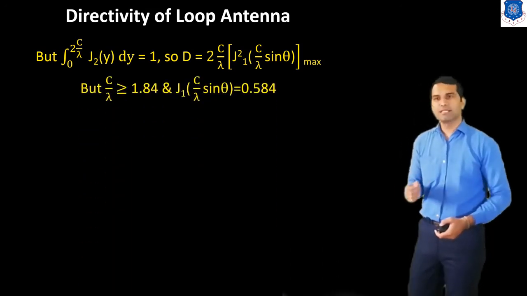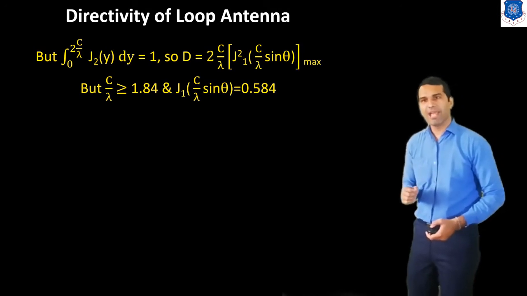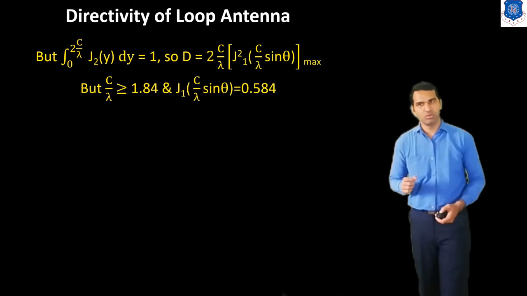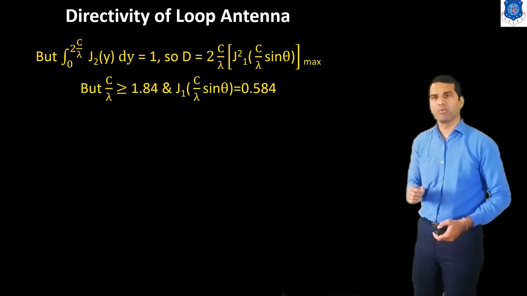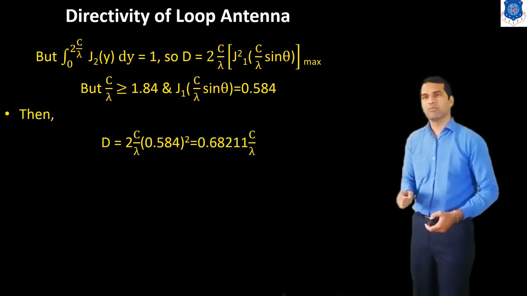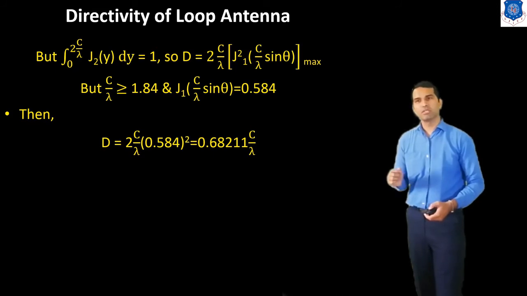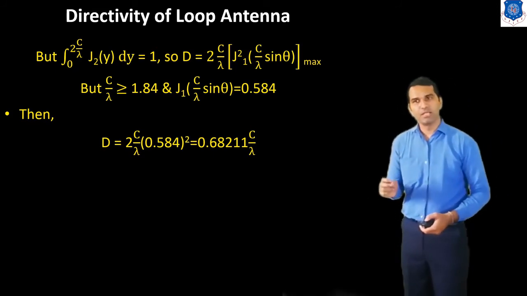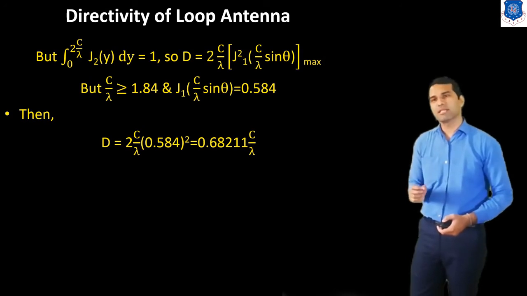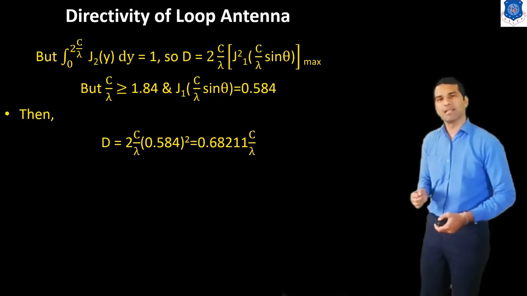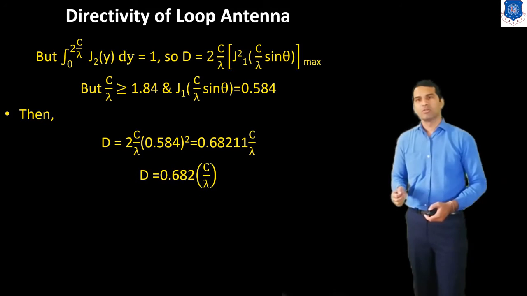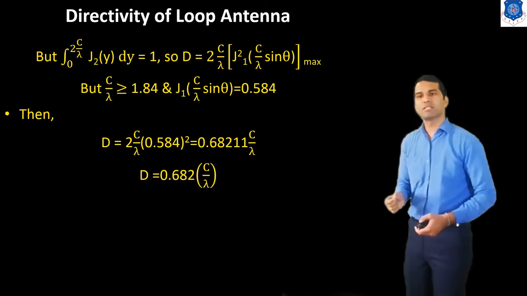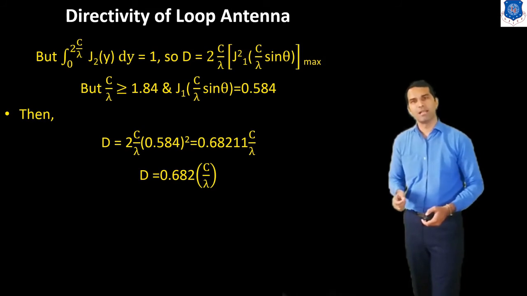But c by lambda is greater than or equal to 1.84, and J1 c by lambda sin theta is equal to 0.584. Then we can write D is equal to 2c by lambda times 0.584 square, which is 0.6821 c by lambda. So we can write the directivity as D is equal to 0.682 c by lambda.